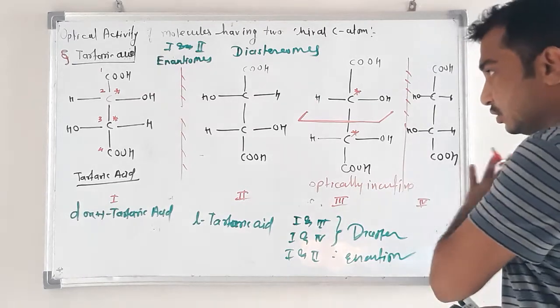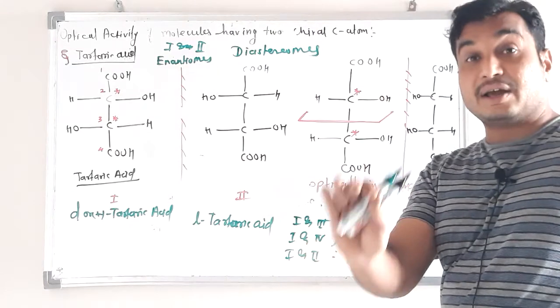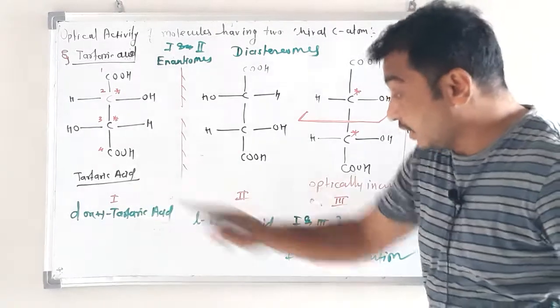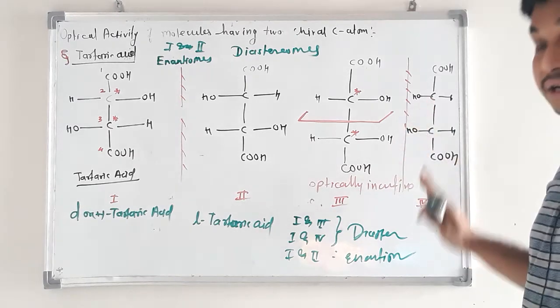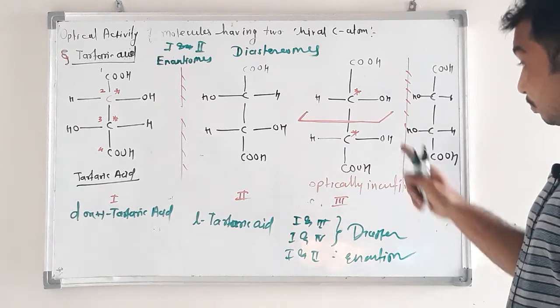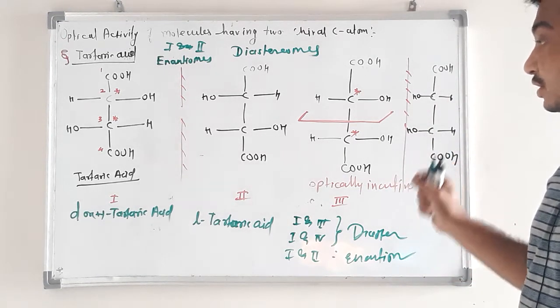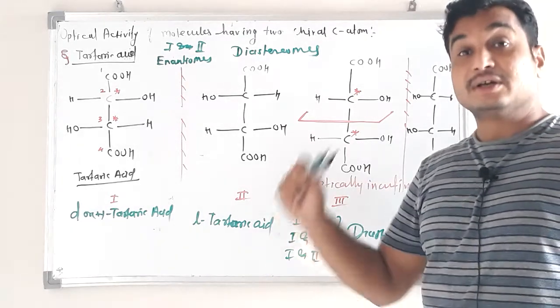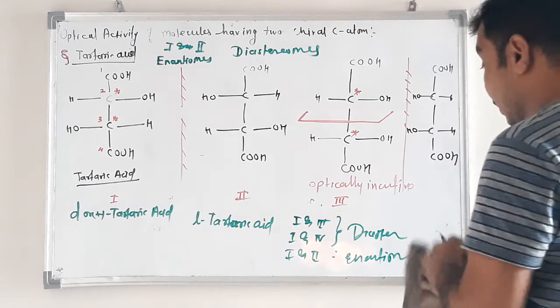So we do not have 4 tartaric acids, we have 3: D tartaric acid, L tartaric acid, and these two are not different, they are the same. But this one is optically inactive due to the presence of a plane of symmetry. Such tartaric acid is known as mesotartaric acid.